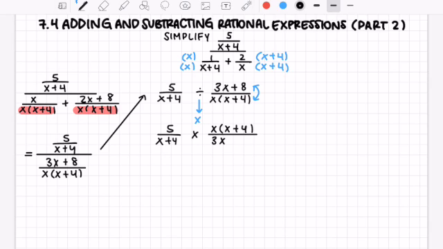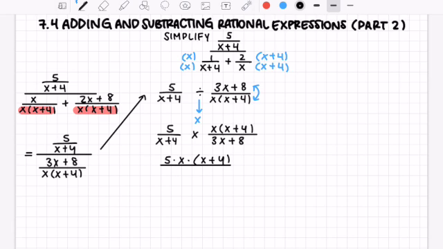3x plus 8. Now again, the reason why I don't want to deal with distributing the bottom and keeping it in factored form is solely for this reason. So when I combine them, I get 5 times x plus 4, and I'll leave that in parentheses so that I know that entire thing is a factor.